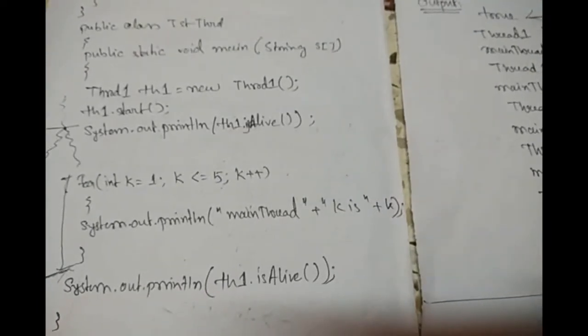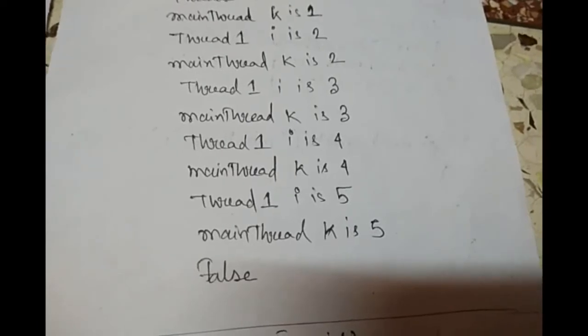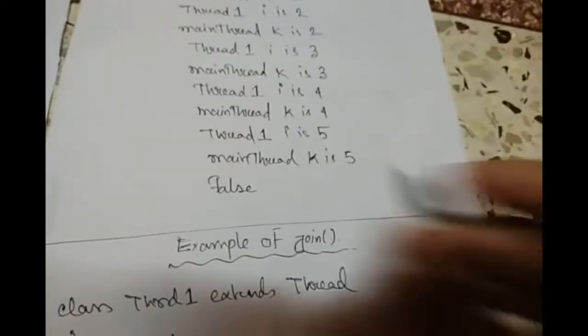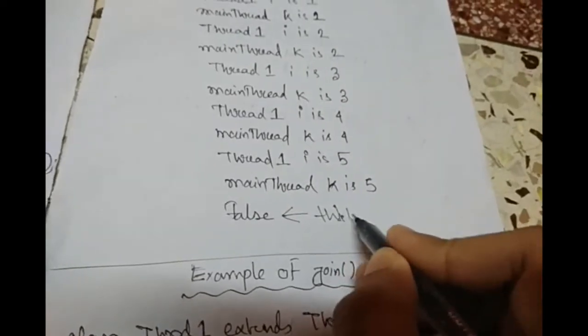we see that the main thread's k value is 5, in that particular loop k ends at 5. At that time, both the main thread and the child thread terminate. So whenever we print the value of th1.isAlive at the last line, you will get false, because all the threads have completed their execution.